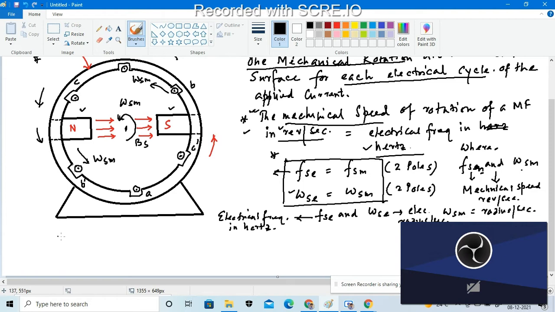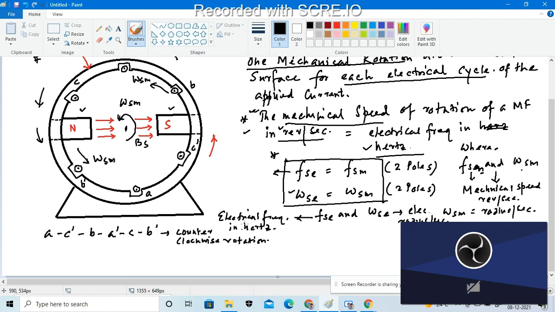If it rotates like this, suppose A, then C dash, then B, then A dash, then C, then B dash. That means this will be my counterclockwise rotation.